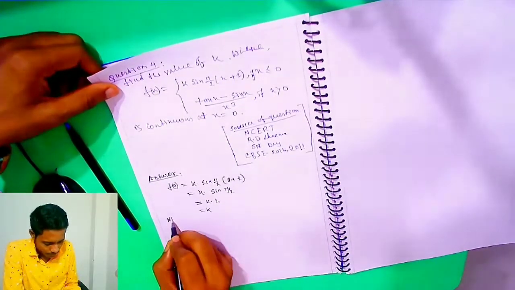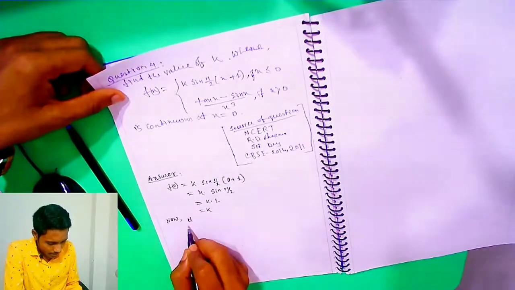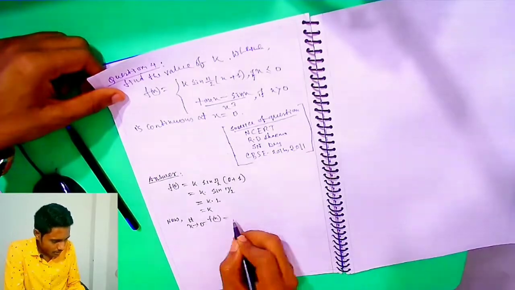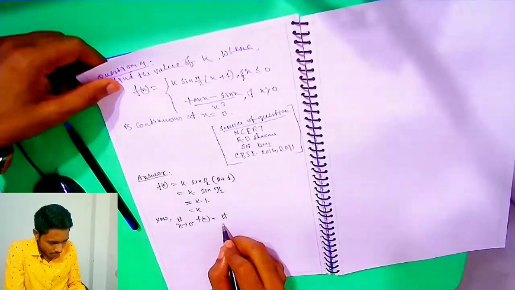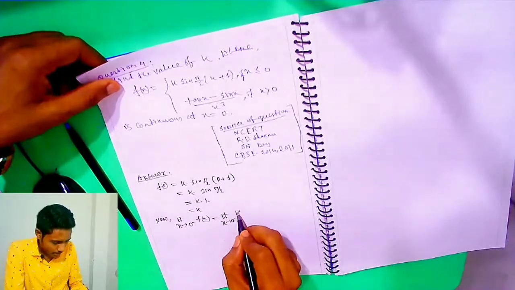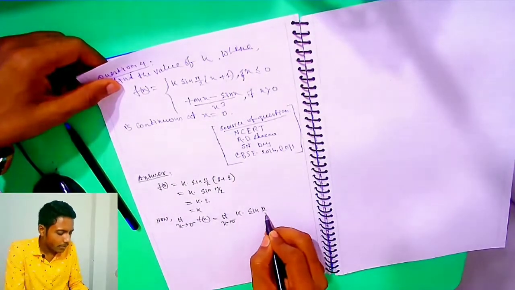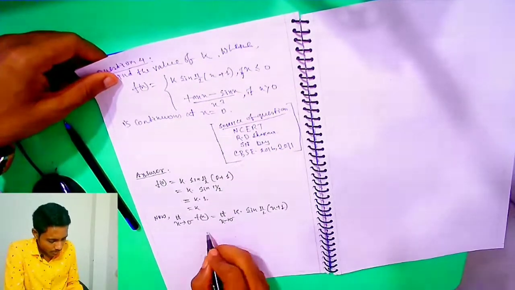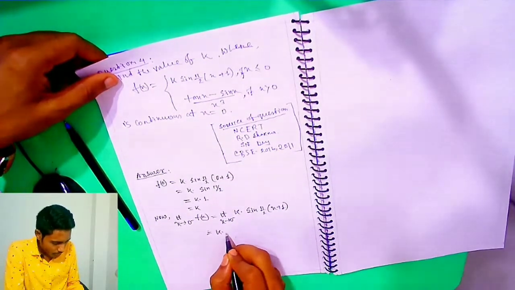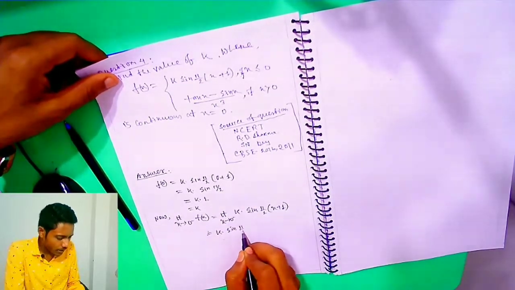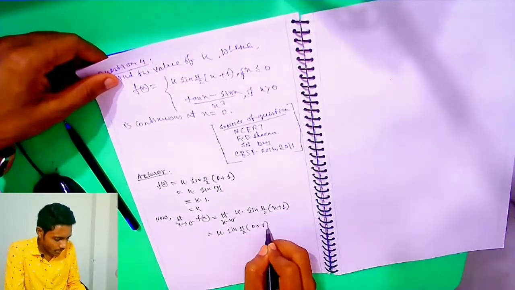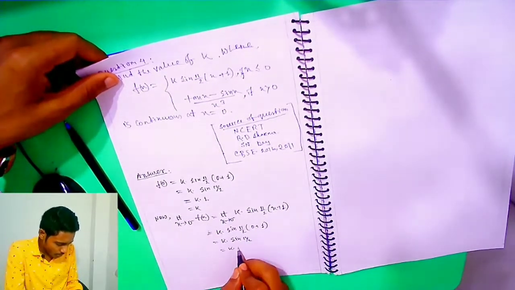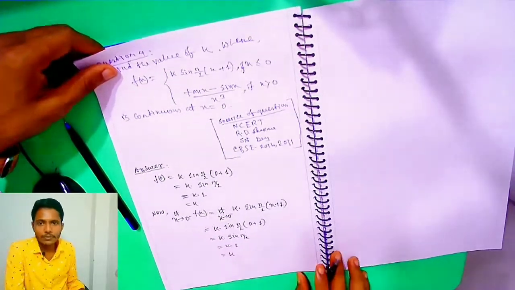Okay, now the left hand limit: limit x tends to 0 minus f(x) is equal to k multiplied by sine of pi by 2(x plus 1), right? By the definition of f(x) here, this is equal to k into sine pi by 2, which is equal to k into 1, which is equal to k, right?